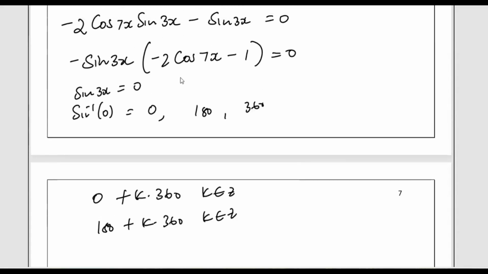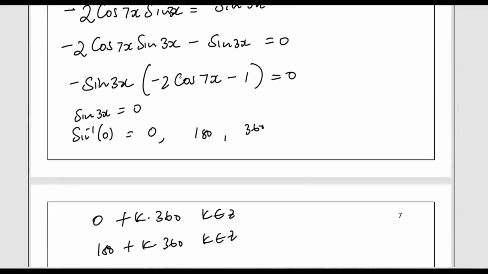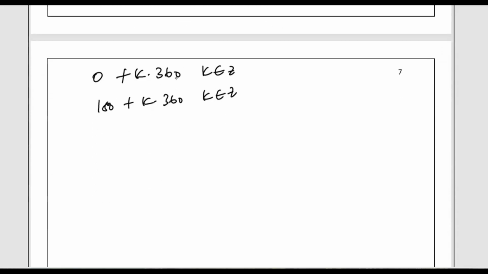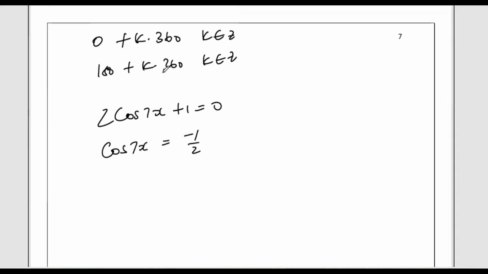Let's look at this other solution. Remember, we took out the negative; we're supposed to have positives inside. So the other solution: 2 cos 7x plus 1 is 0, meaning that cos 7x should give us negative a half.